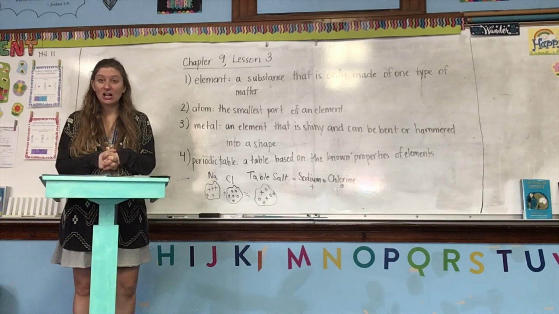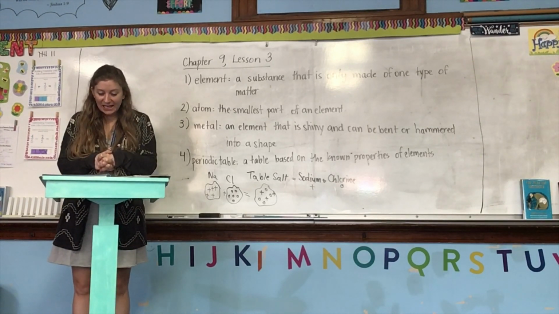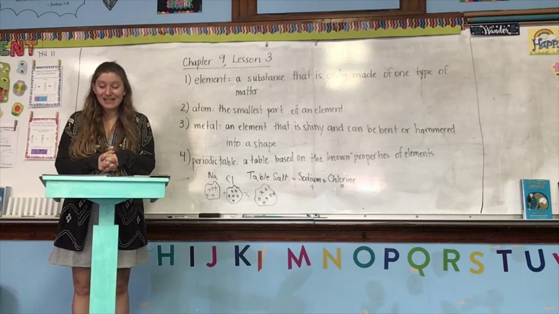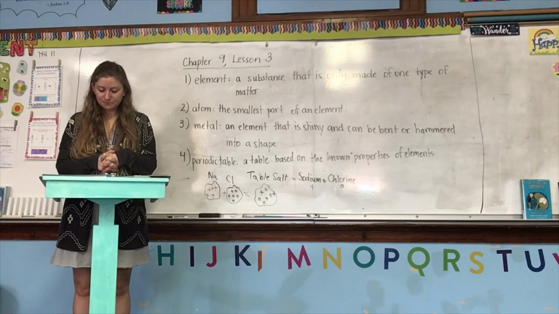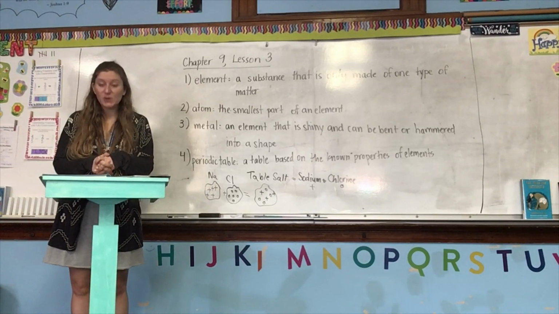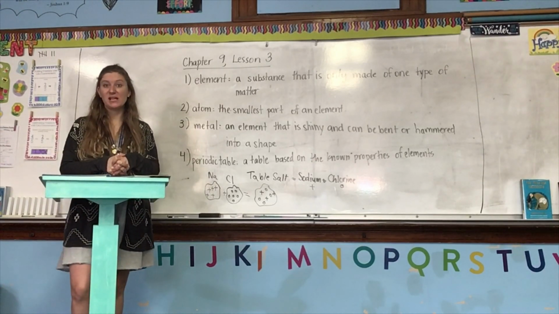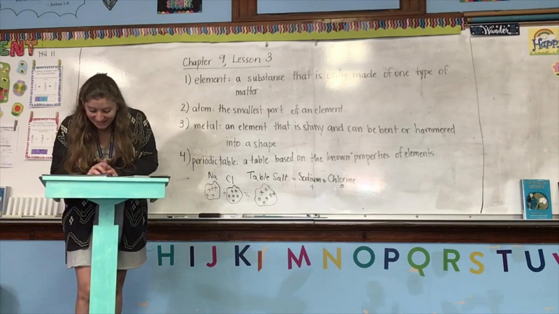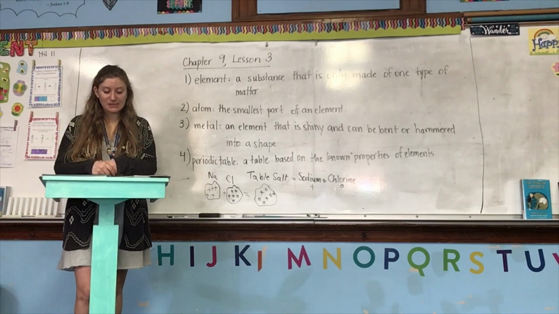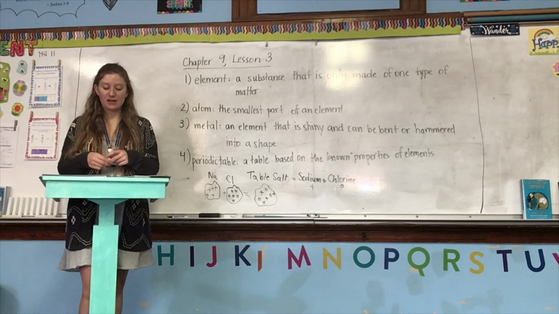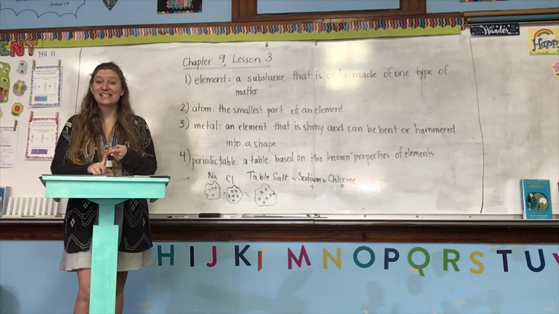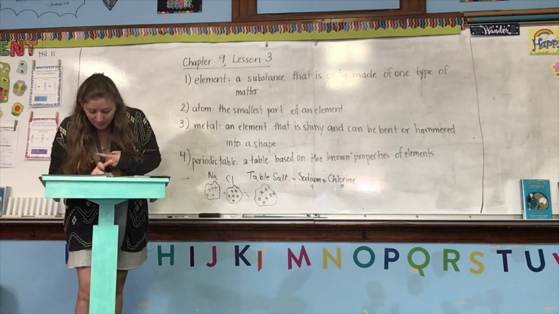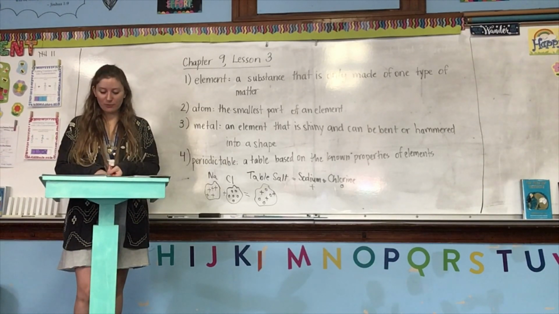It is in column 14 in the second period, which means the second row. Its symbol is C. And once you find it, you can see that the box is green, which means just like fluorine, it is also a nonmetal. But the symbol is black, which means it is a solid at room temperature. Fluorine is a gas at room temperature. Carbon is a solid at room temperature.